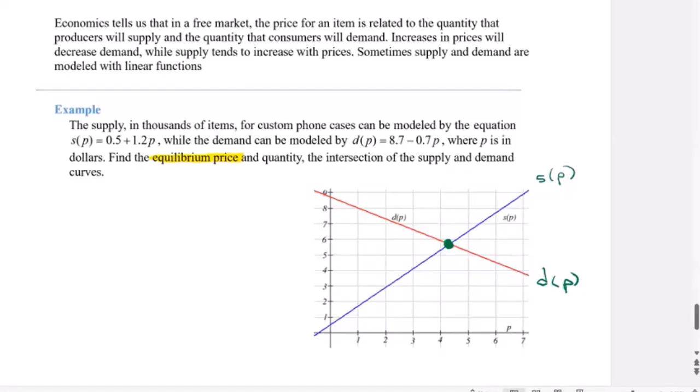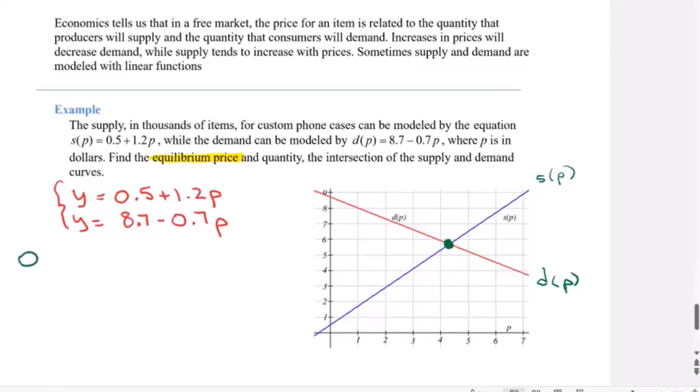So if we say S of P and D of P are Y, I have Y equals 0.5 plus 1.2 P, and also I have Y equals 8.7 minus 0.7 P. And because I want these Y values to be equal, I can just set each one of these equal to the other.